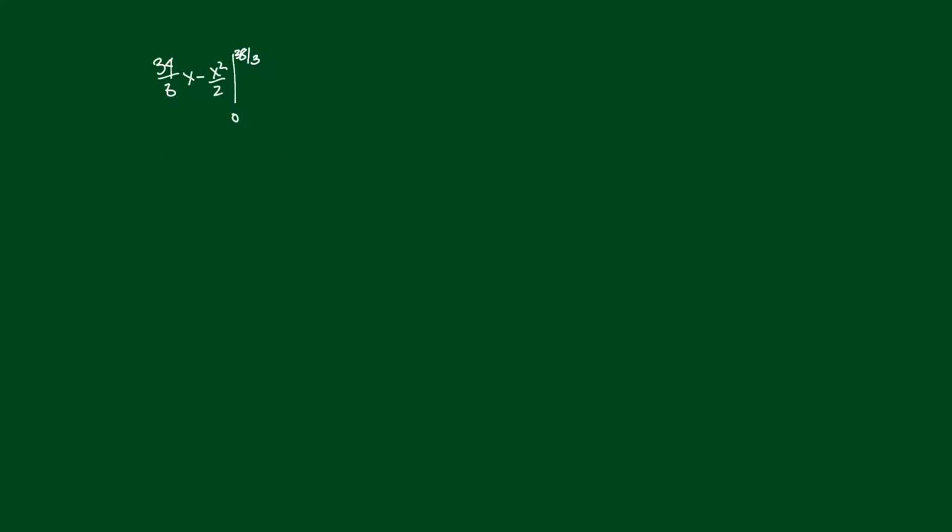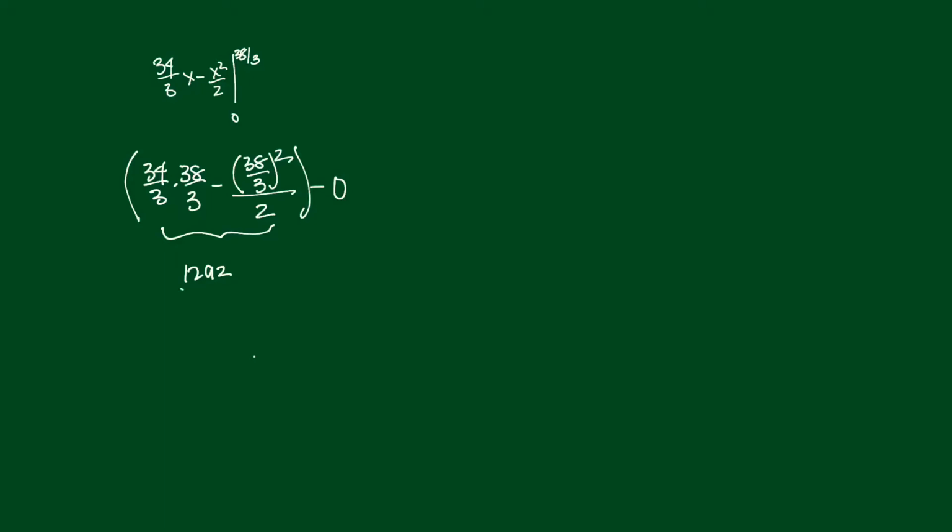At the upper limit, we're going to get 34 over 3 times the upper limit, 38 over 3, minus x, which is 38 over 3 squared, all over 2, minus the lower limit, where x is 0, so this is just a 0. So let's compute this. I'm getting 1292, that's 34 times 38, 1292 over 9, minus this 144 over 9 all over 2.